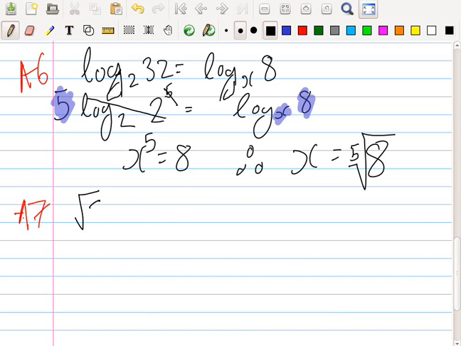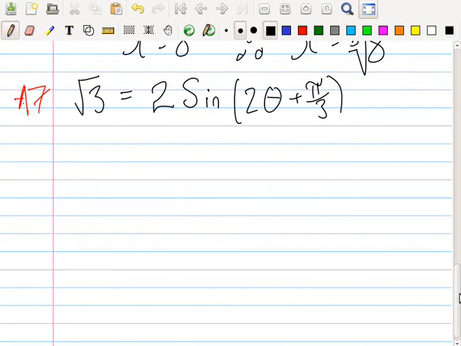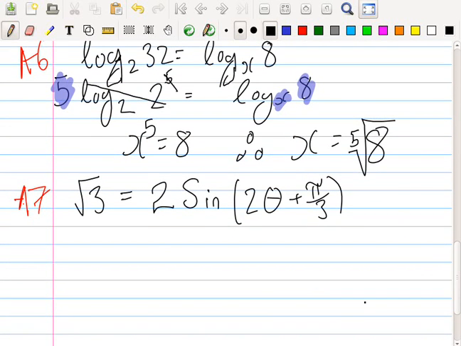A7. Root 3 equals 2 sine of 2 theta plus pi over 3. So first I'll bring the 2 down here. And then I get 2 theta plus pi over 3 equals sine inverse of that. Now, it looks like he wants it in radians. So I'll just go to radians.